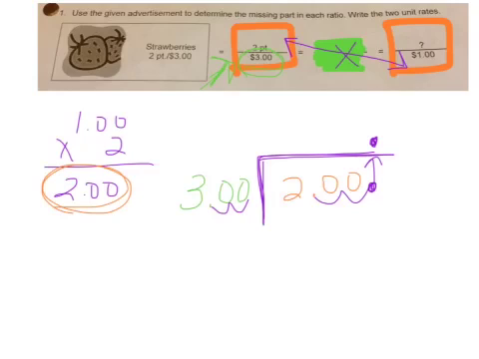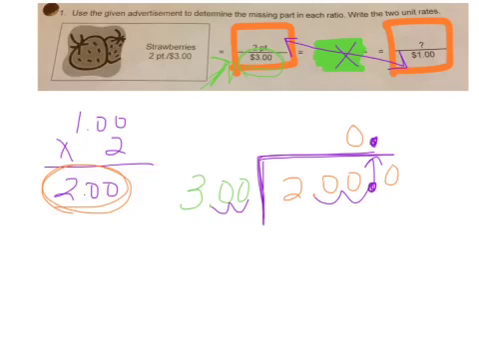If I try to divide now 300 into 200, can that go? Hopefully you're saying no. Okay, I need to keep going. I can't just end and say the total answer is 0 because it's not going to be 0. So I'm going to add one more digit in my question. I'm going to try and divide 300 into 2,000.